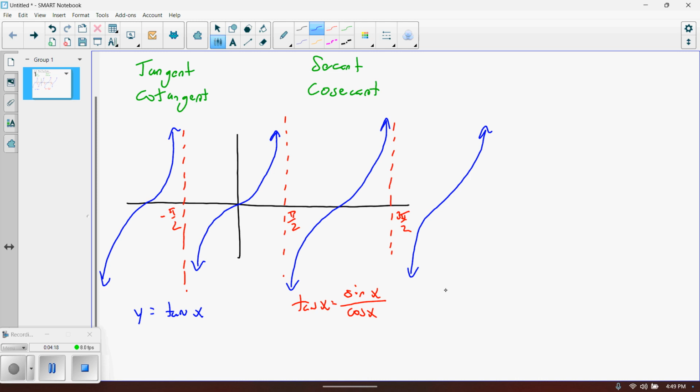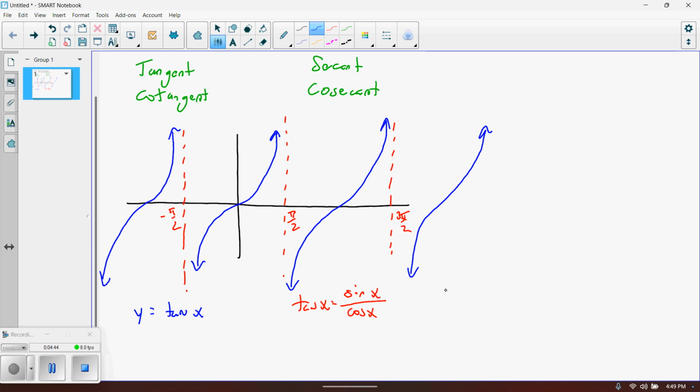The cotangent graph is really going to just basically be a reflection of tangent. If you remember the cotangent graph, cotangent is cosine over sine. So the shifting is going to be off by about pi halves, just like it is for sine and cosine.